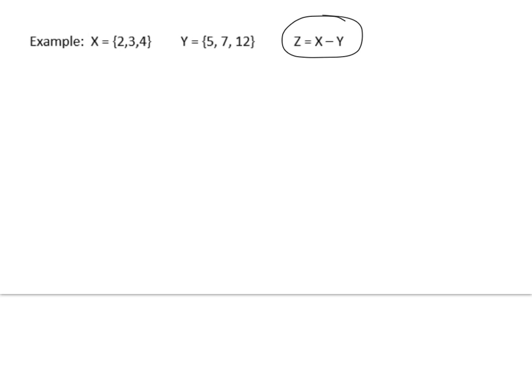Set z is going to be generated by taking every element in x and subtracting every element in y from each of the individual values. So I have to do 2 minus 5, 2 minus 7, 2 minus 12, and then I have to do the same for 3 and 4. So I'm going to generate a set z that has 9 elements in it. The first thing I want you to do is pause the video and generate set z.